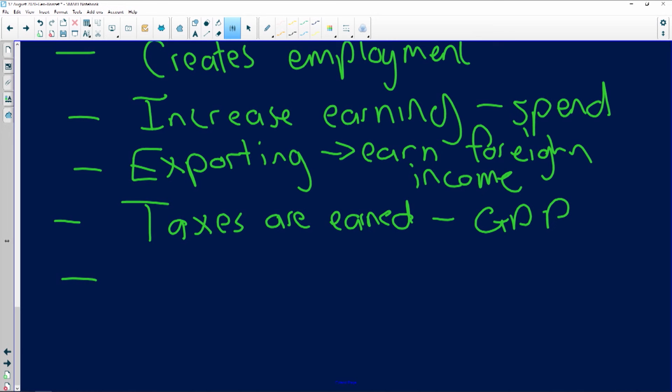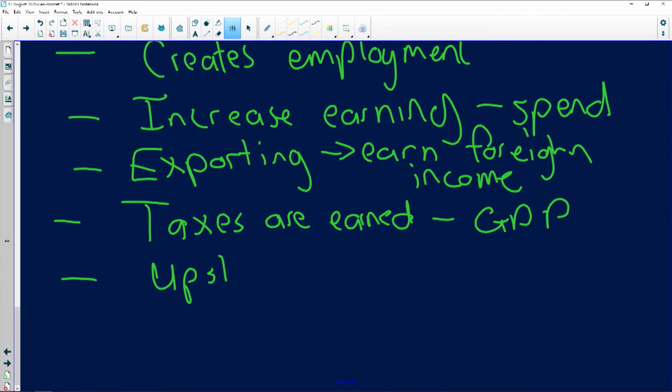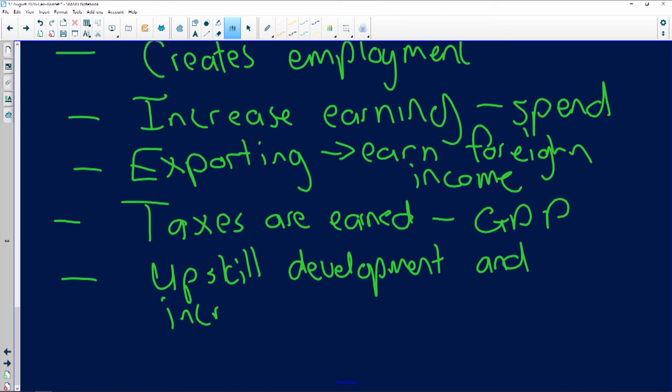And very importantly, people can be upskilled. It teaches people new skills. It develops new skills. Upskill development, and increased social development.